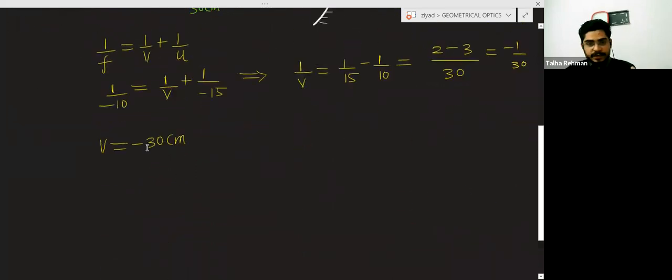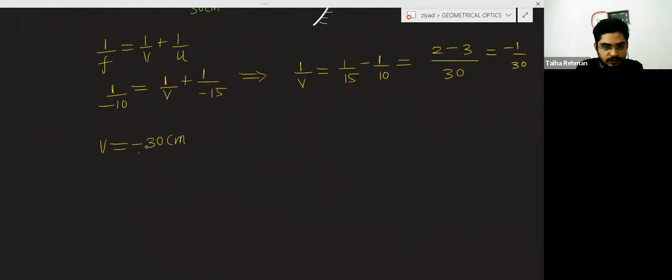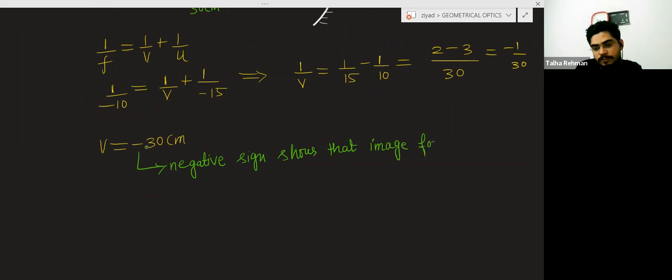The negative sign shows that the image is formed in front of the mirror.